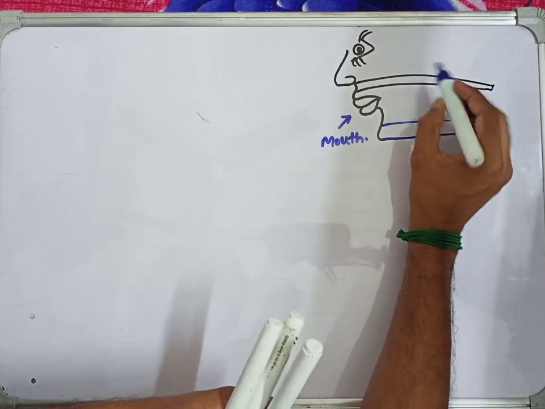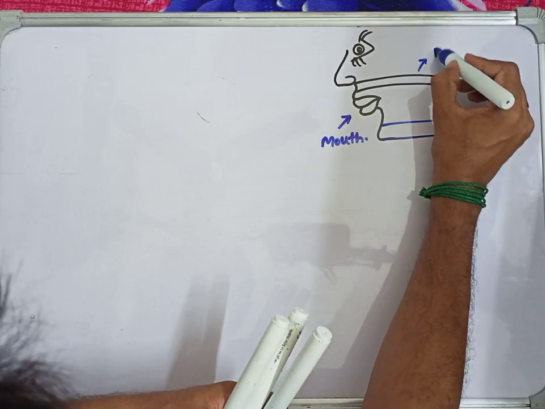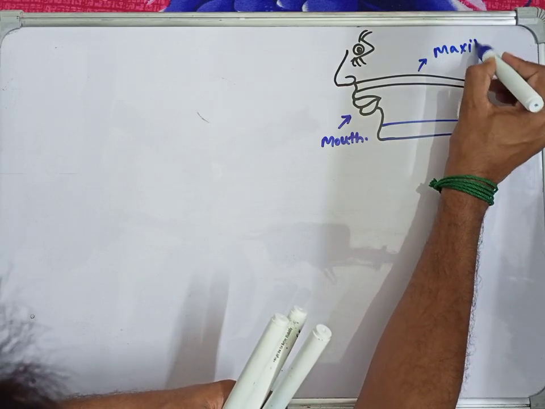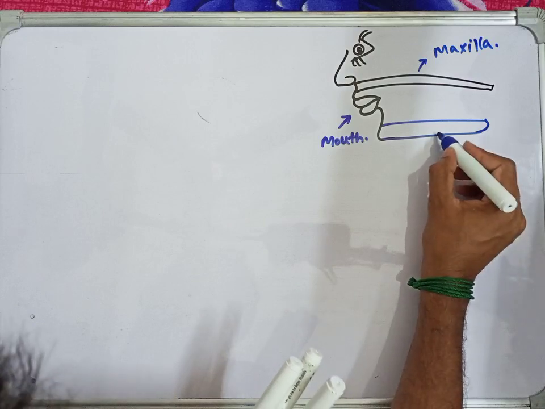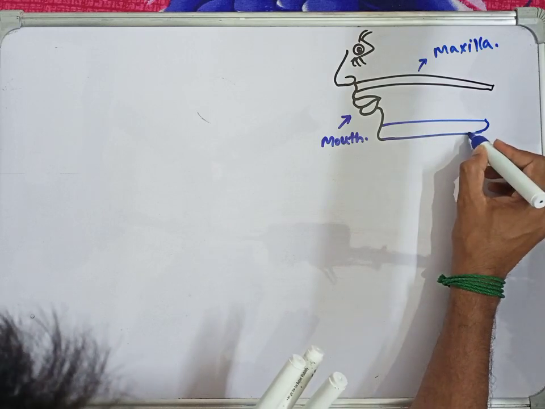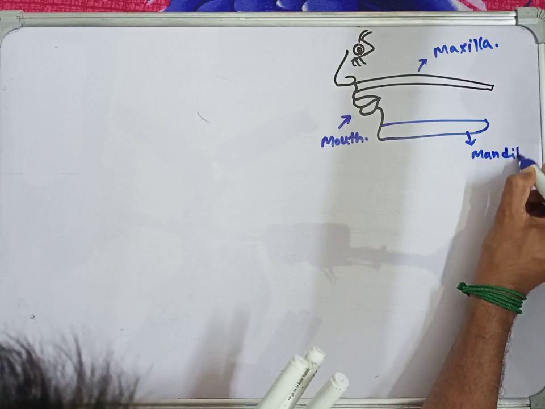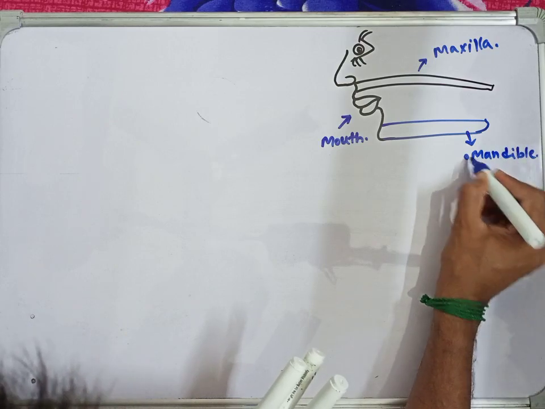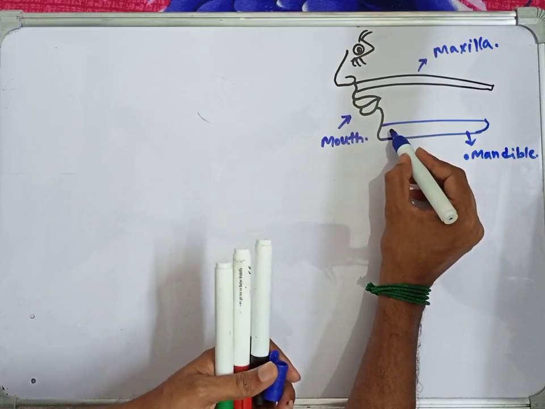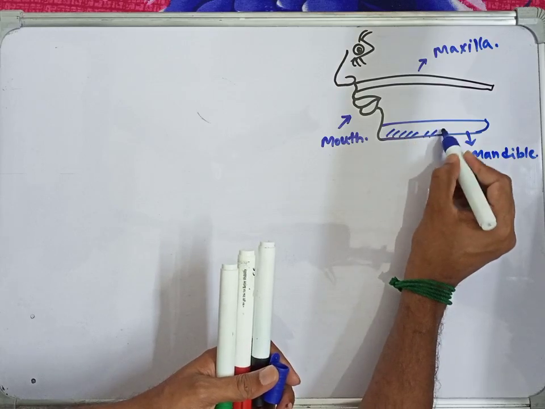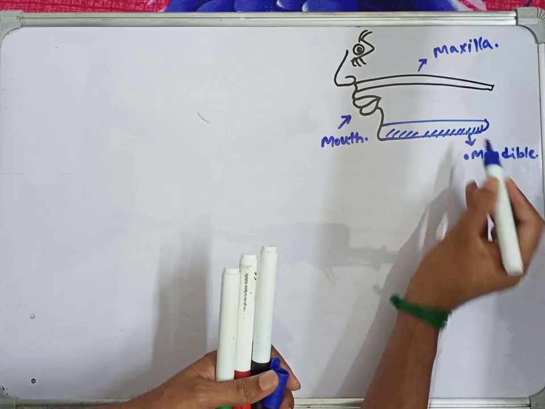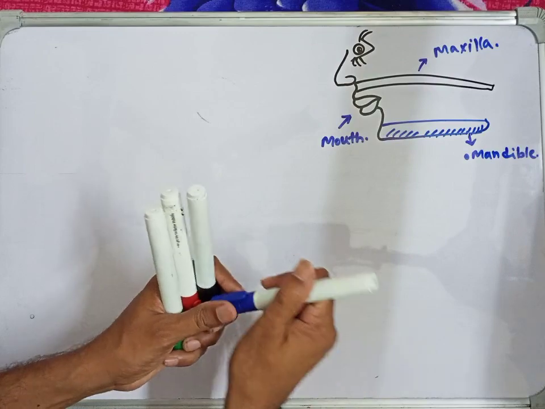The upper jaw is called maxilla, and the lower jaw is called mandible, right? You can only move your mandible, not the maxilla.